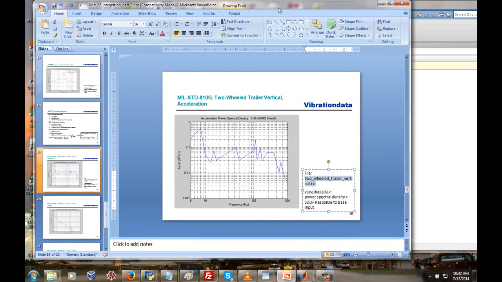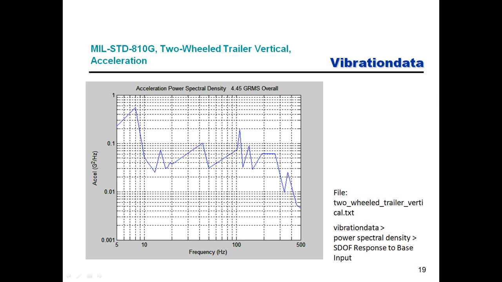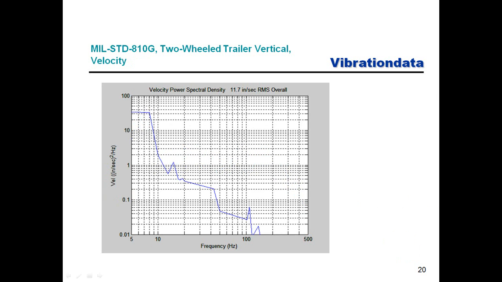Okay, let's see what else we have here. We have that plot we've already looked at. This is our two-wheeled trailer vertical acceleration. The mill standard also has levels for the other axes as well, but the vertical one is the funnest one to look at because it has the highest level. Here's the corresponding velocity.